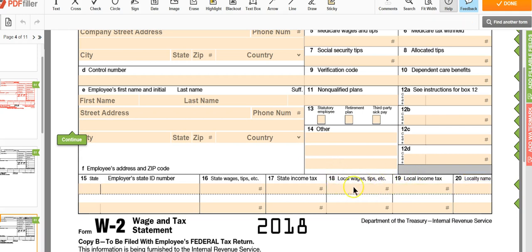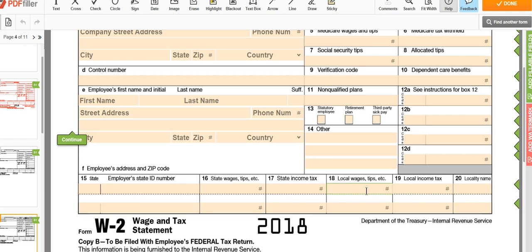Now, if you don't see anything in these boxes and there's supposed to be something in them, you'd be surprised, especially for people who maybe were living somewhere where they didn't need to have local taxes coming out, and now they relocate to New York City. Now they are supposed to have local taxes coming out, but they didn't. And that's what's going to usually result.